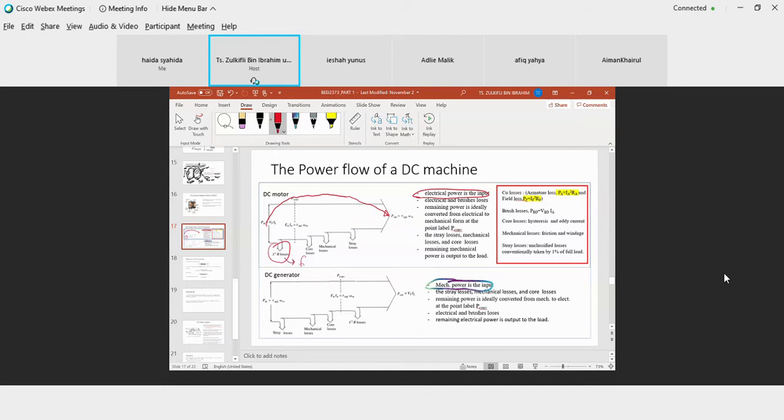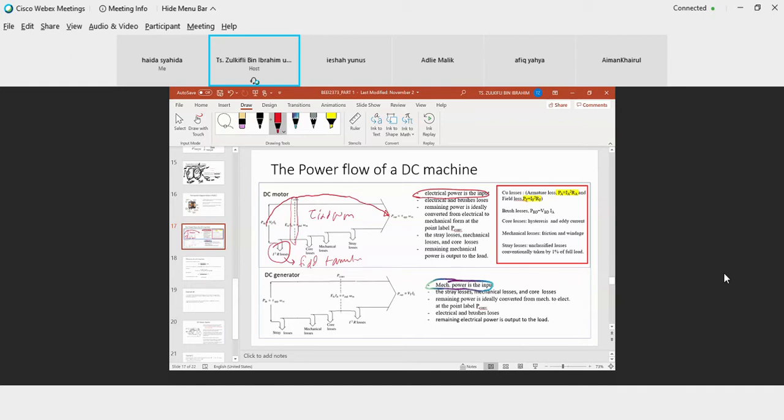Dekat your field winding plus armature winding, kan? So mana winding dia akan masuk dalam kategori I square R losses. And then lepas tu semua, this is the area we panggil dekat air gap tau. Dia transfer daripada electrical to mechanical. So you have the induced torque tau with rotation omega m, mechanical speed.